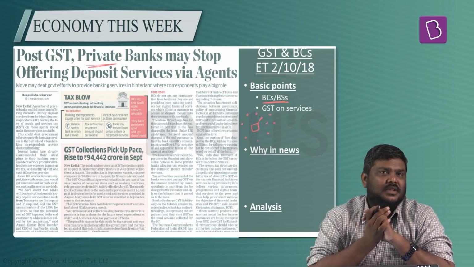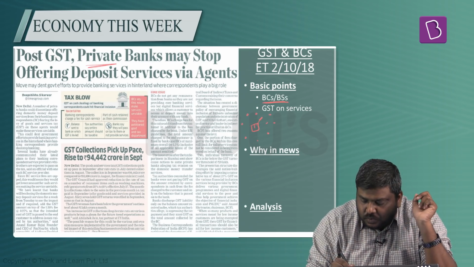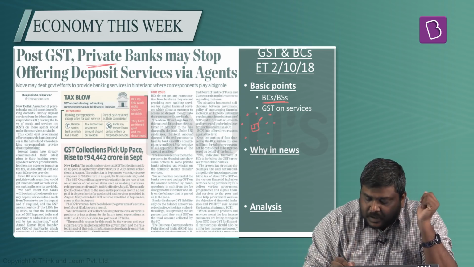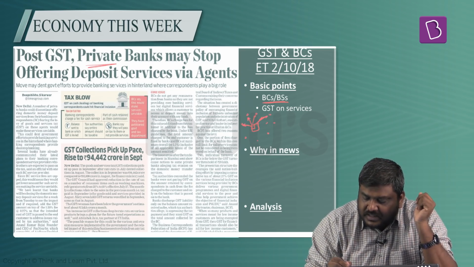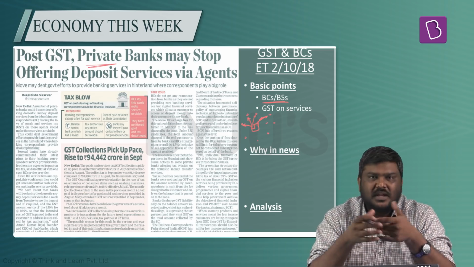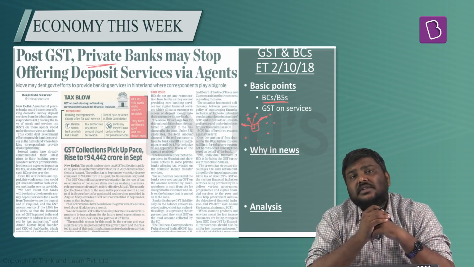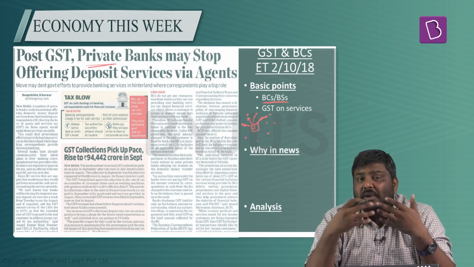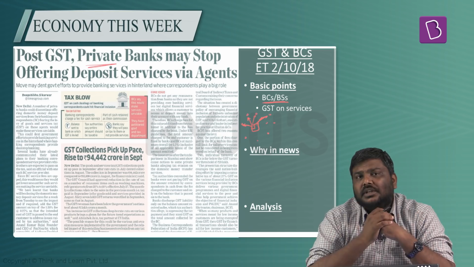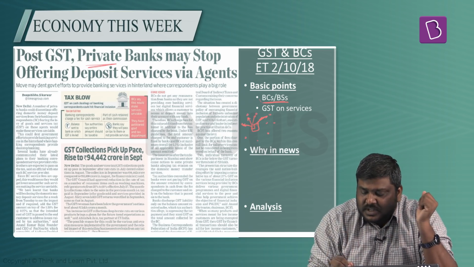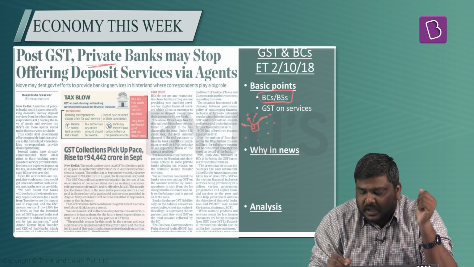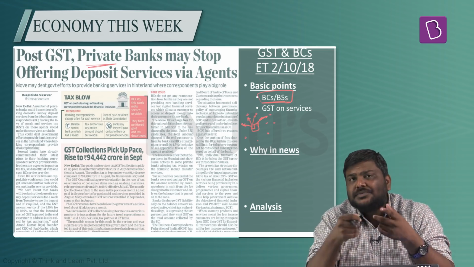So what these particular banks do, which are located here, is they will appoint a person who will go to each of the villages and conduct basic banking transactions such as remittance services, deposit services, withdrawal services, as well as, let's say, application of a loan, and so on and so forth. These services are provided by a correspondent called a banking correspondent.